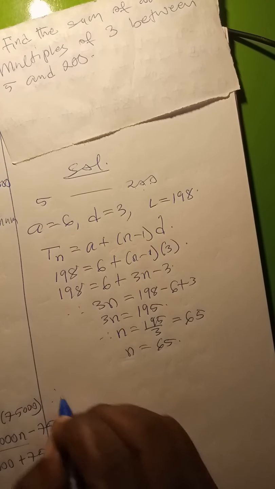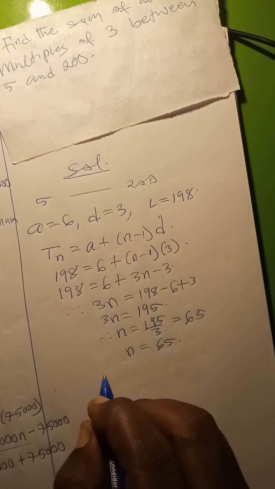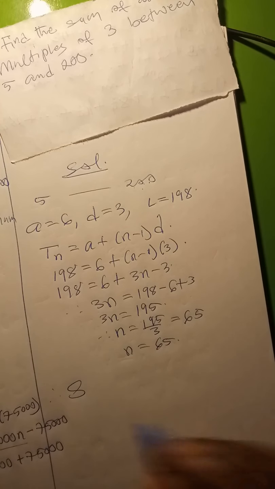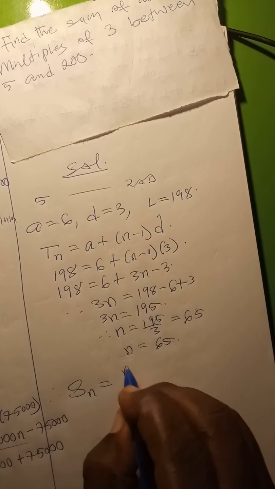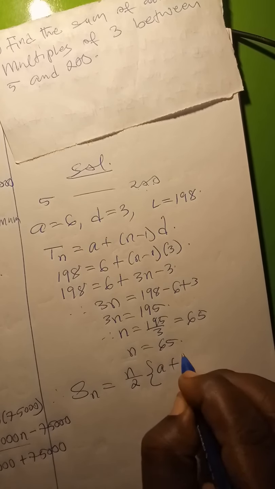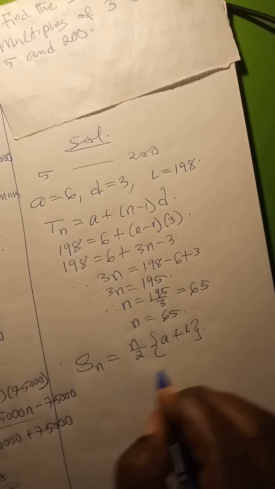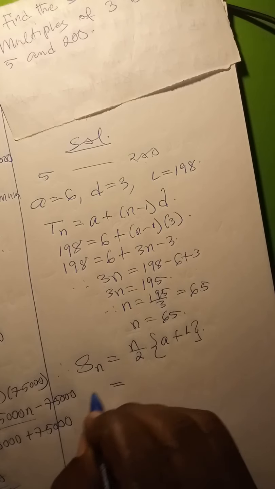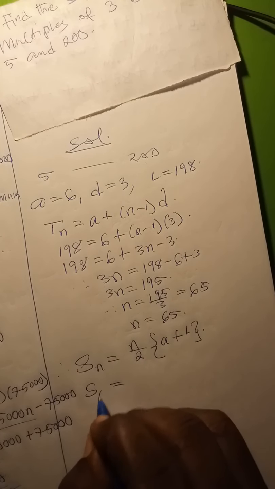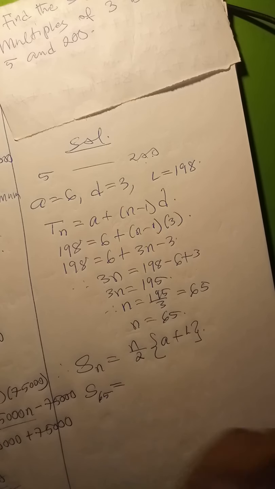So that means I'm going to take this formula. I have my first term and my last term, so I'll use this one: Sn is equal to n over 2 times (a plus l). What am I finding? I'm finding S65, the sum of all the 65 terms.